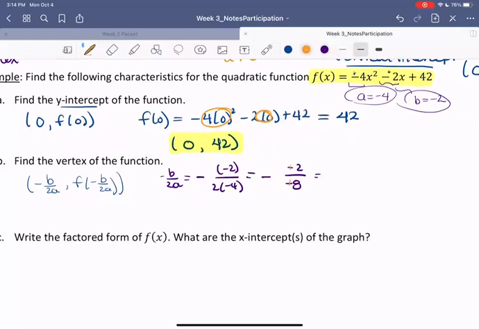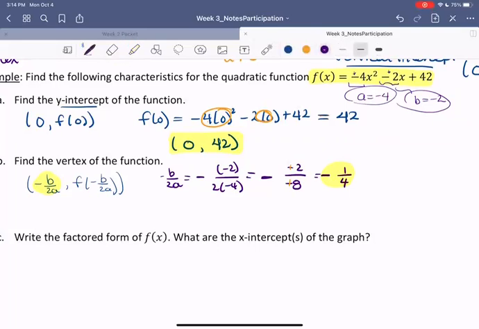And further, we can simplify 2 over 8 to become 1 over 4. So we keep that negative hanging out from before. We simplify our 2/8 to be 1/4. And in the end, we get -1/4. So that is our input value, our x value of our vertex.